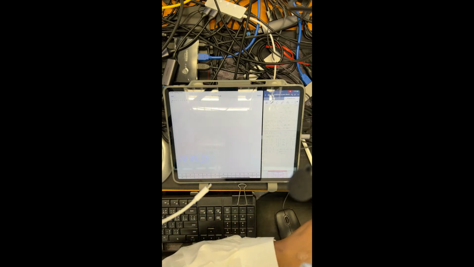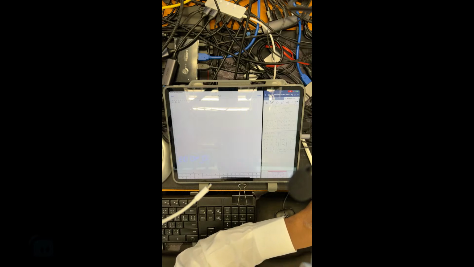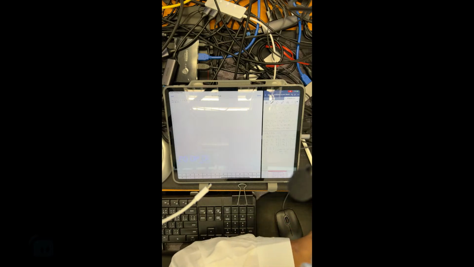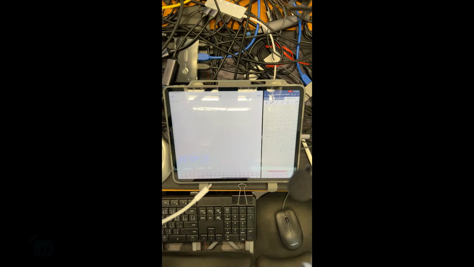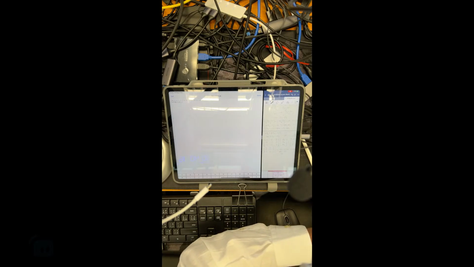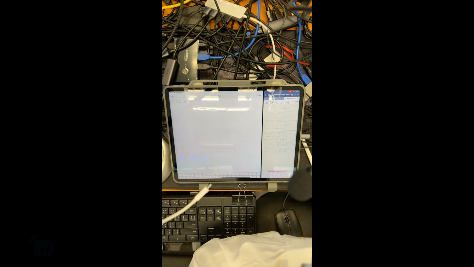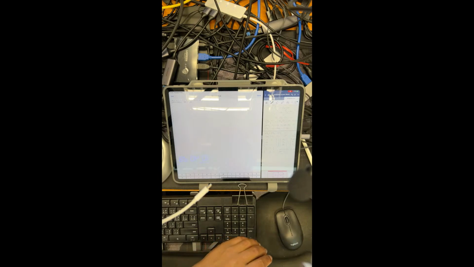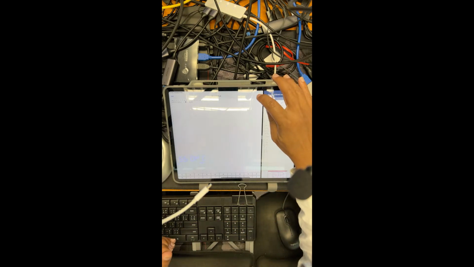Now let's see the determinant of the matrix D, right? That of the matrix D, and this is, let's say, the denominator, right? And let's see what's going on.